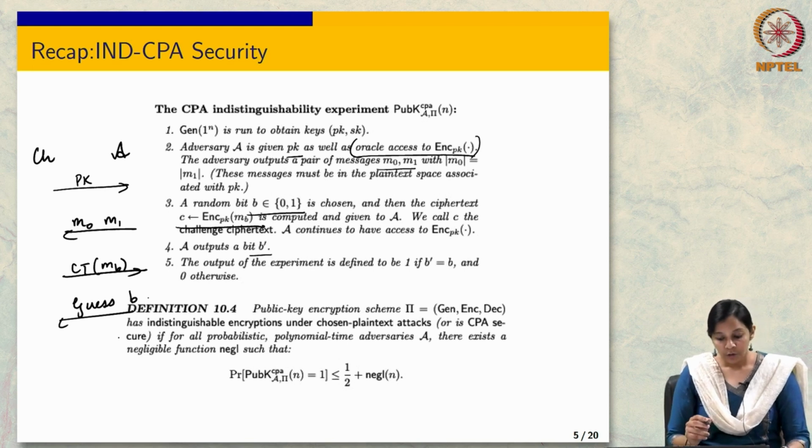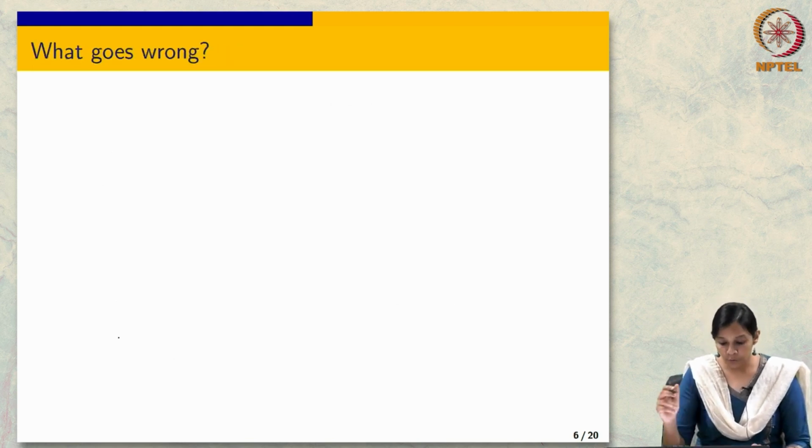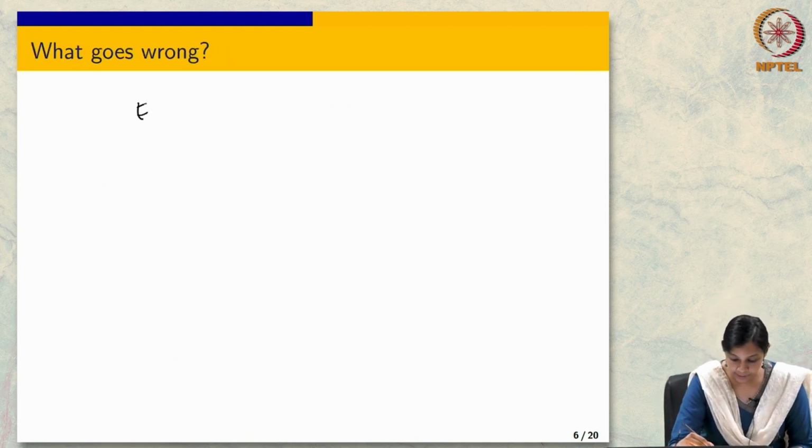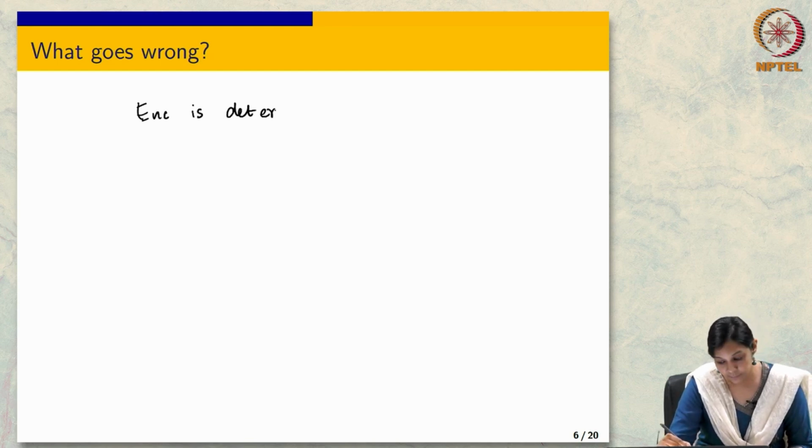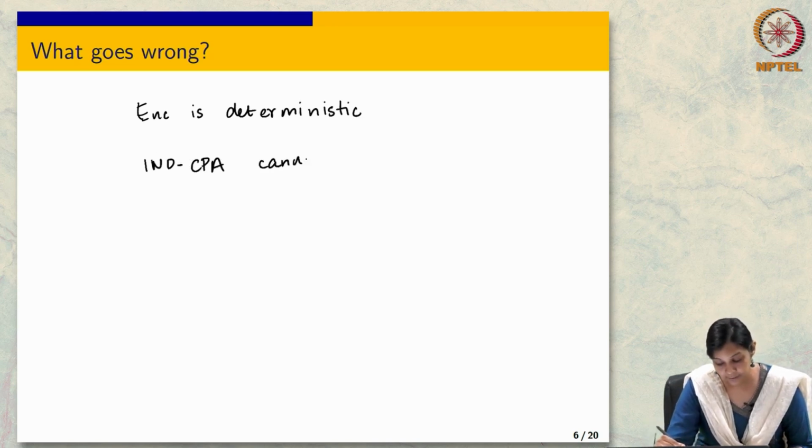Okay, good. So what goes wrong is that encryption is deterministic. So IND-CPA cannot be satisfied.